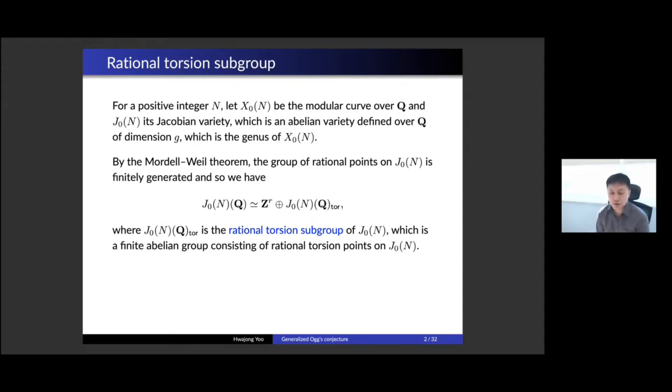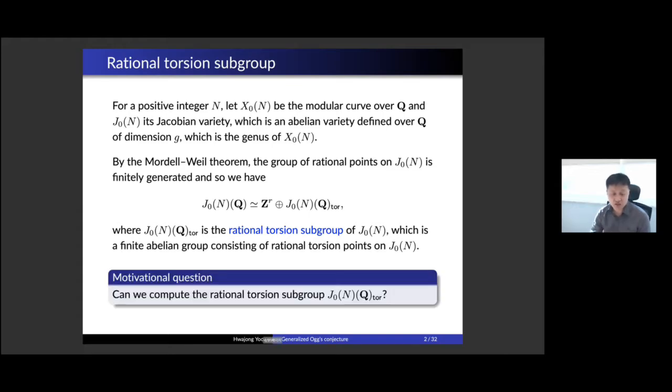So there is some copy of Z, and there is a finite abelian group, which is called the rational torsion subgroup of J_0(n). Our motivational question is, can we compute the rational torsion subgroup of J_0(n) for any positive integer n?